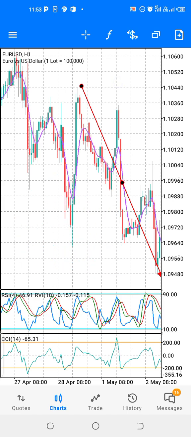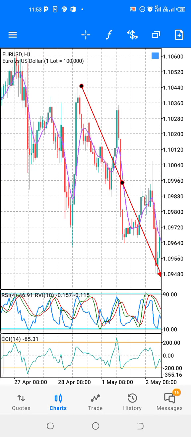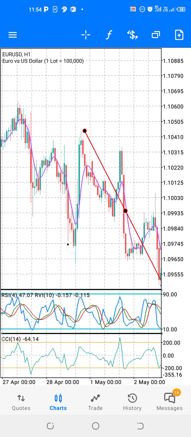Let me show you clearly. Let me use another slot. That area is your first support point in a down trade.